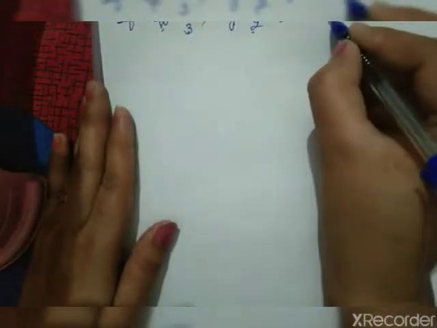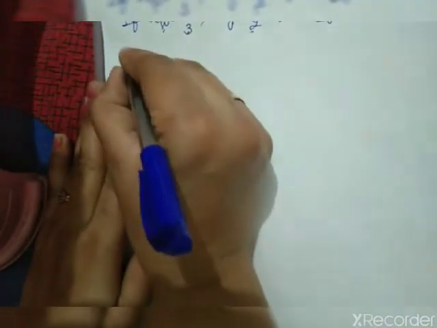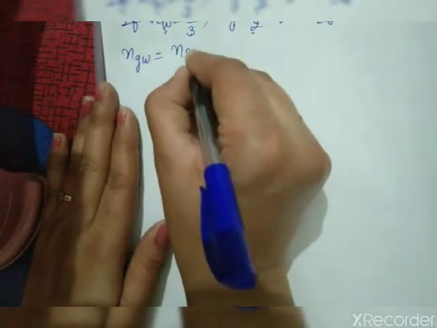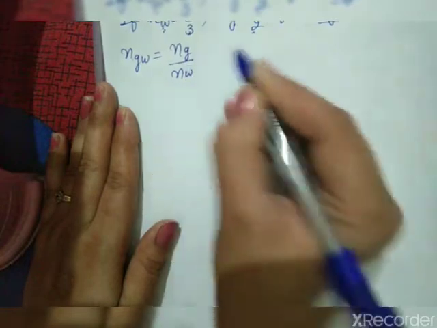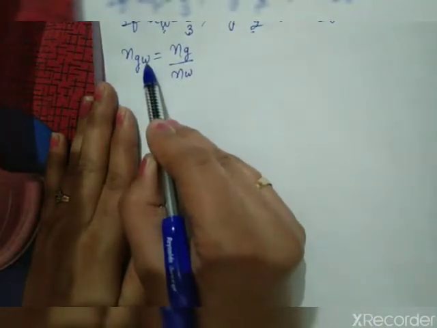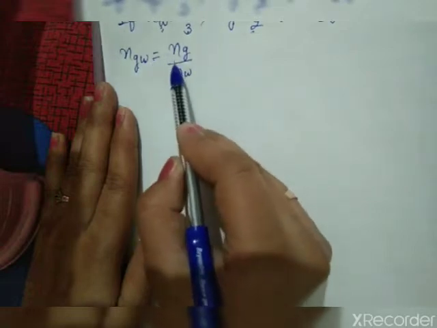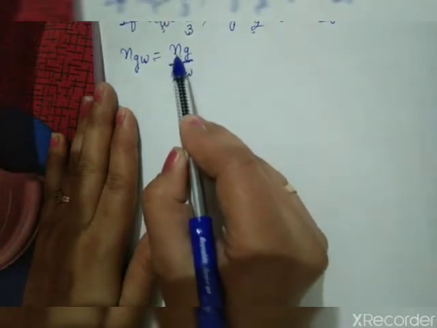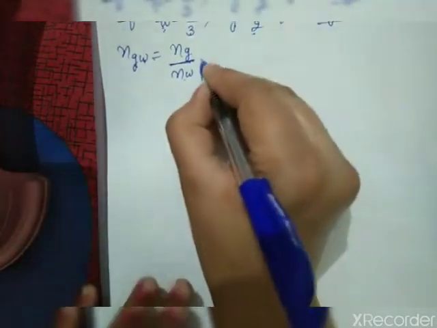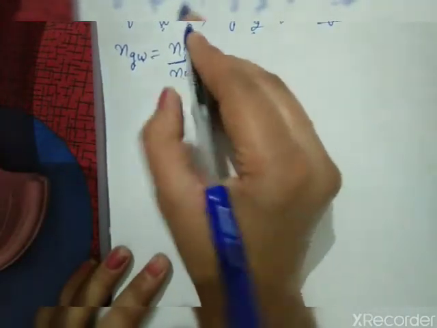Okay. First, what to find? NGW. What is NGW? That is Ng upon Nw, because I have told you refractive index of glass with respect to water is equal to the ratio of refractive index of glass upon refractive index of water. What is the value of refractive index of glass?